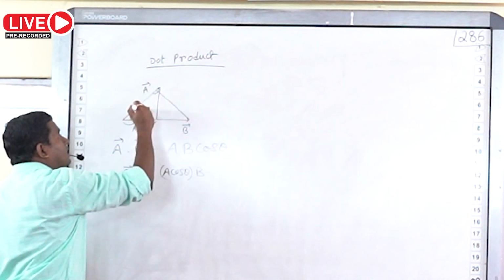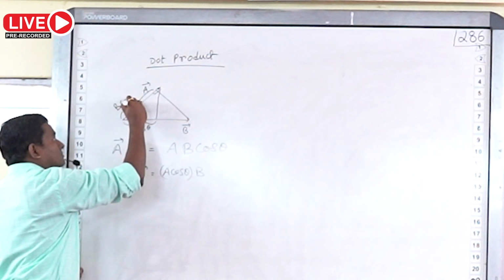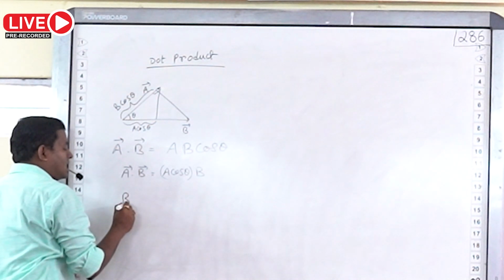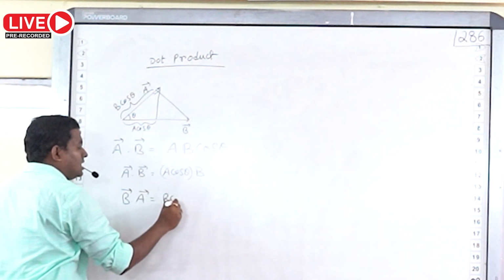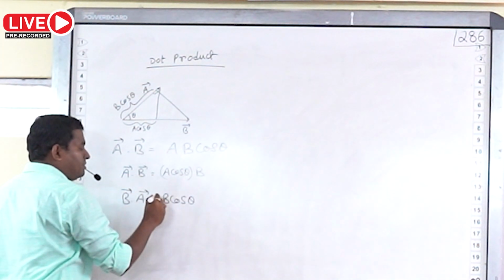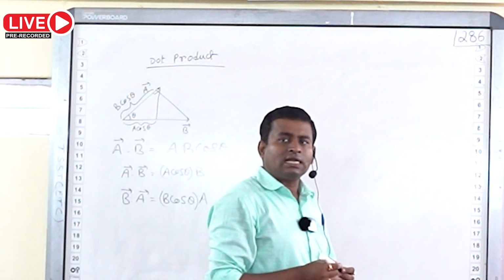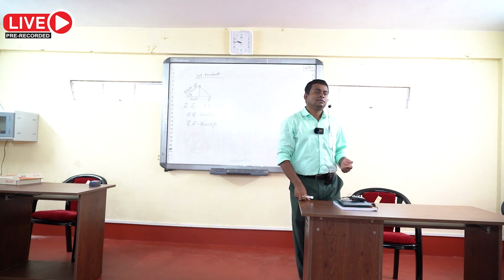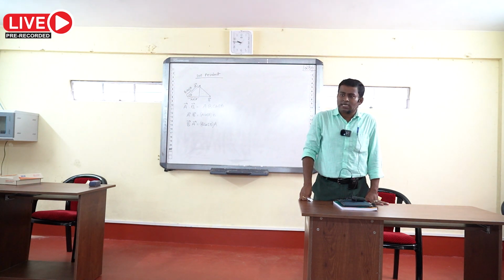Now see, he will define this length as B cos theta and will write I am calculating B dot A and it will be B cos theta, the component of B along A multiplied by magnitude of A. But in either case the result is same, means A dot B and B dot A will give you the same result. So this product is commutative in nature.